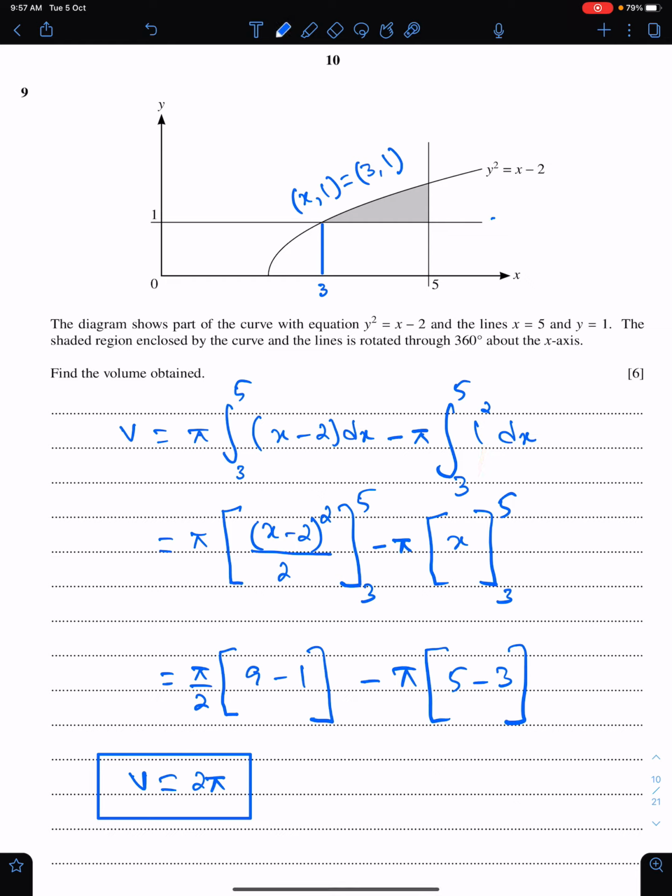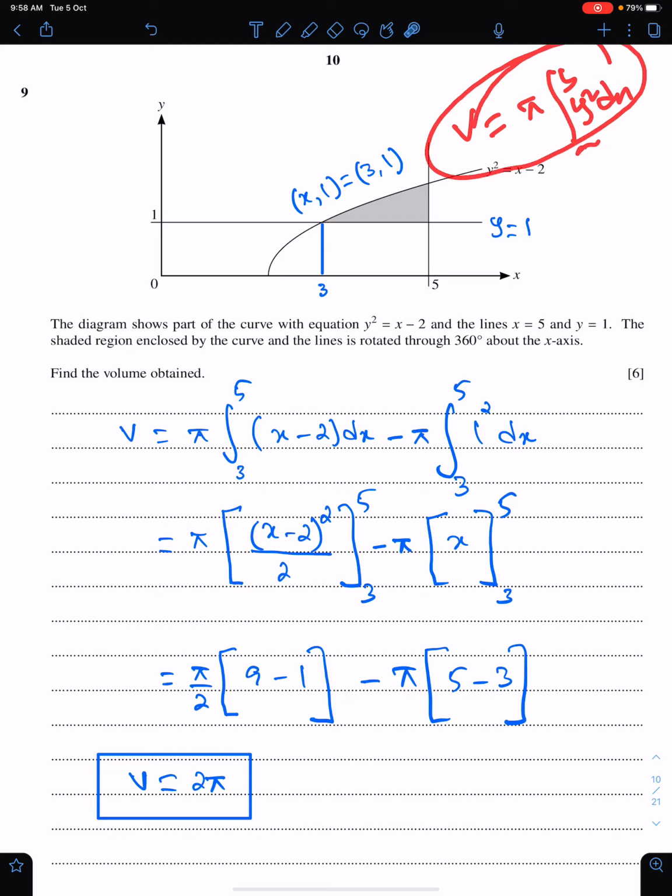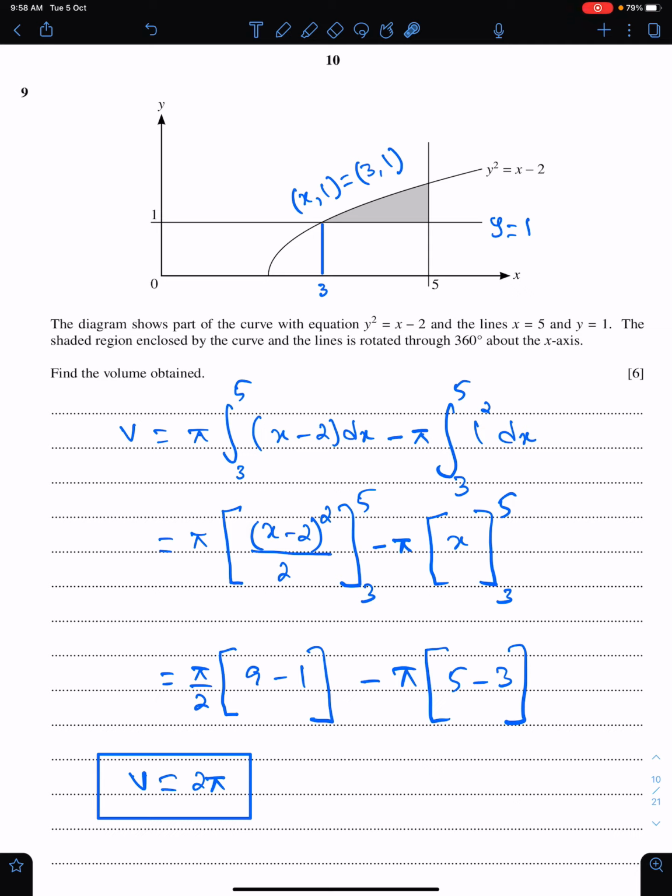The equation of this line is y equals 1. The formula of volume is pi integral of y square dx. So when you apply the limits, you will get this answer. This question is very simple. You just need to use the right formulas.